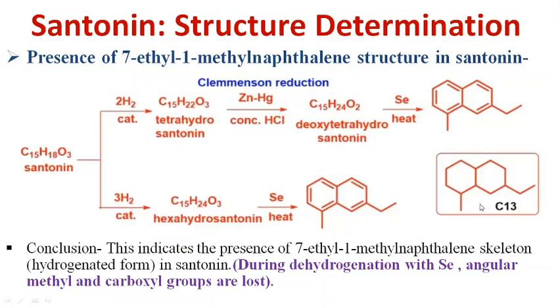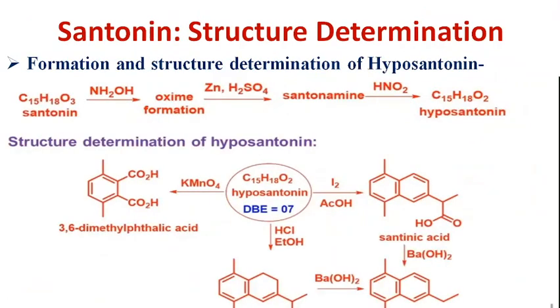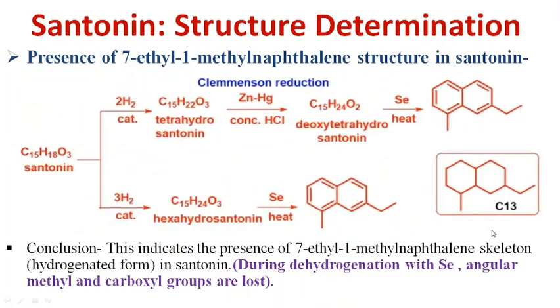This means we already know that the lactone ring is present in Santonin, which might have converted on selenium dehydrogenation into carboxylic acid, which is lost during selenium dehydrogenation. This corresponds to 1 more carbon atom which is present in the form of the lactone ring.